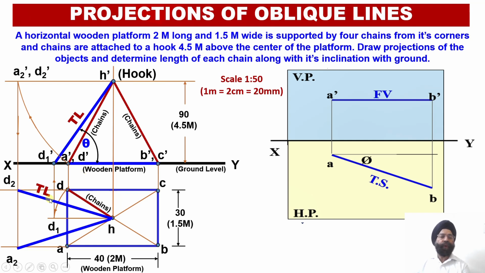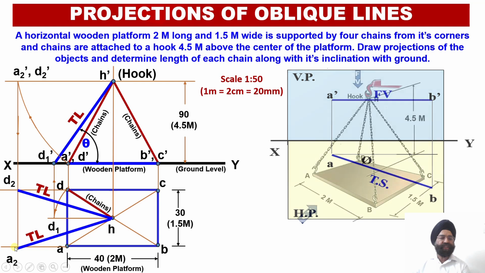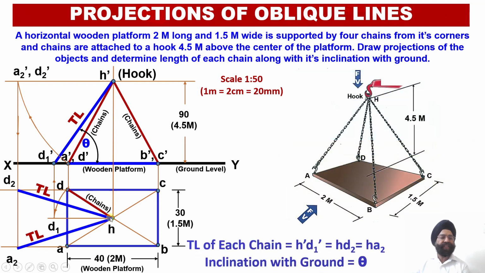So now we are going to evaluate that the distance which we had obtained corresponding to the true length of the chain in the front view, which was H dash D1 dash, this distance of H dash D1 dash must be equal to the true length of the chains which we have obtained in the plan, that is HA2 and HD2.